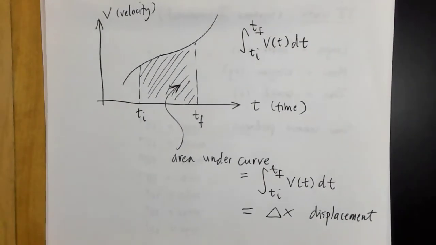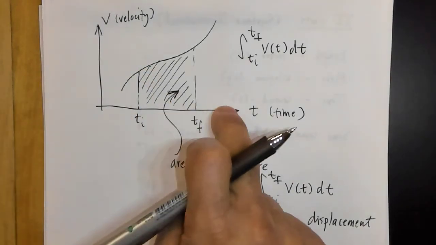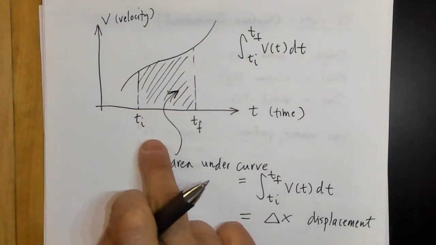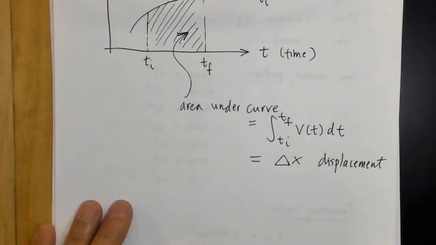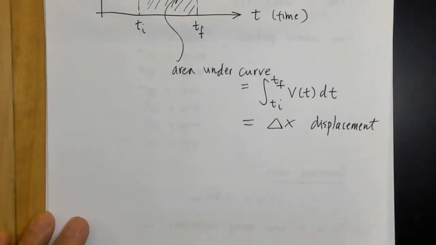So if you're given the velocity versus time, and you get the area under the curve between two values of time, that will give you the displacement that the object does in that time interval. Any questions? All right. So we can do the same thing if we want for acceleration.